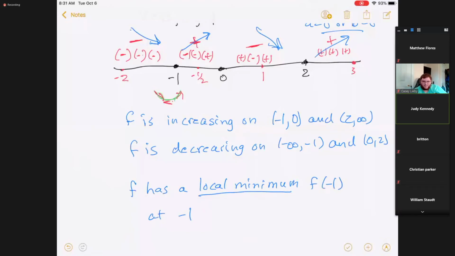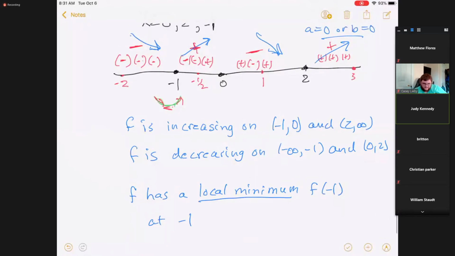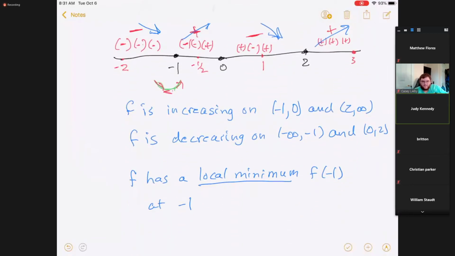Okay, and well, what is the value for f of minus 1? I have to remember my function. It helps to write the function down first again. 3x to the 4th minus 4x cubed minus 12x squared plus 5. So f of minus 1 would be, minus 1 to the 4th is 1.